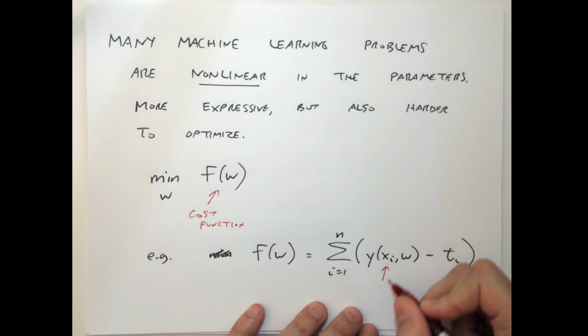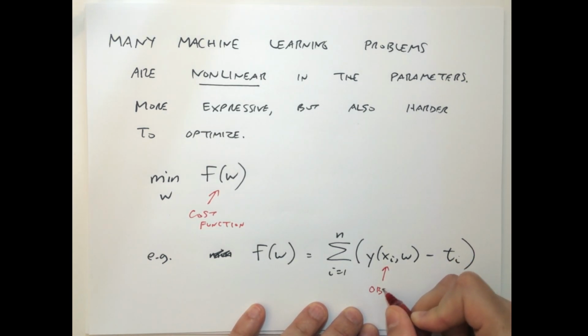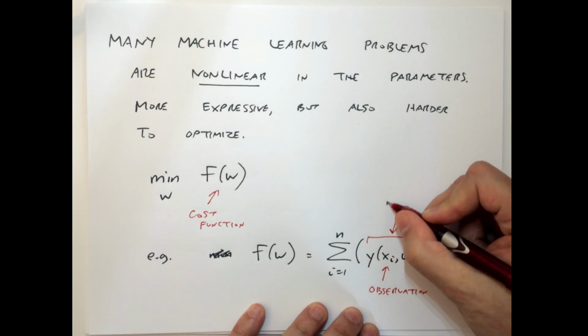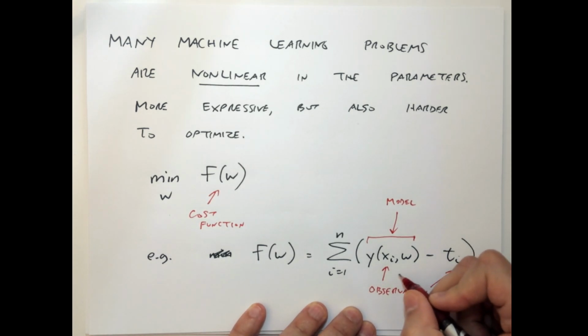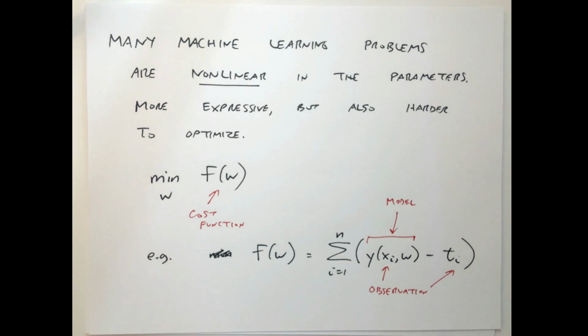Basically here, this is my observation, this is my model, and this is also an observation. So this is the observed input, this is the observed output, and what I'm trying to do is fit the model so that my function of the input parameters is as close as possible to the output. But now this function here may not be a linear function, right? That's the difference between last time and this time, okay? So we're going to find a way to try to minimize this function in an iterative way, okay?